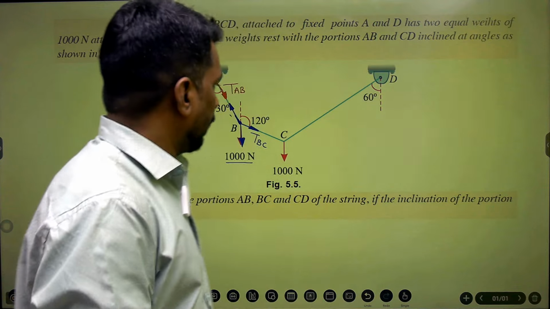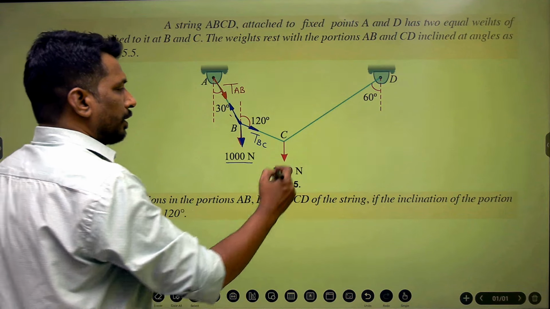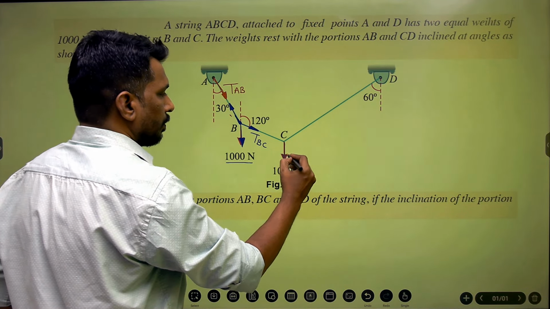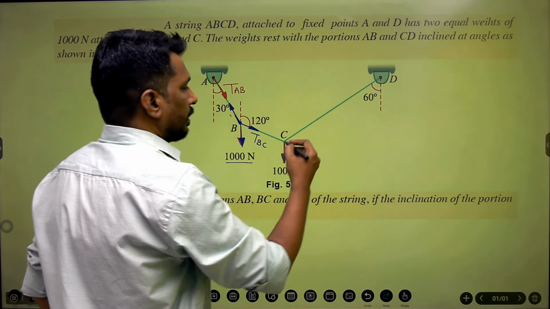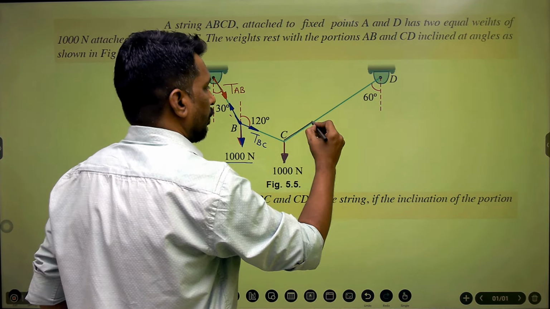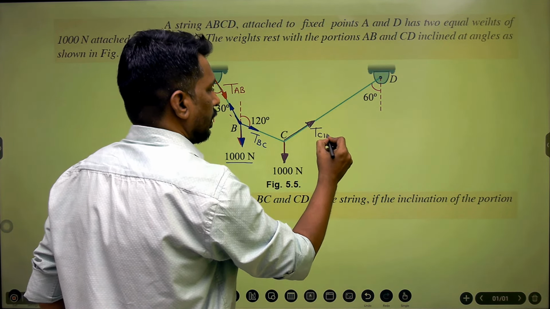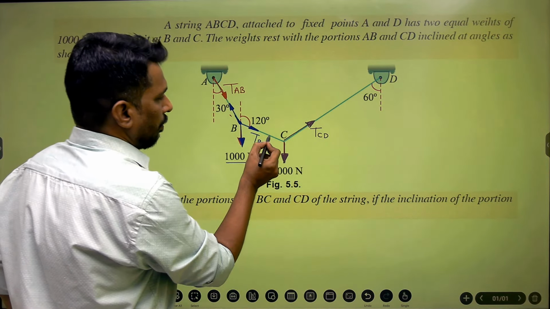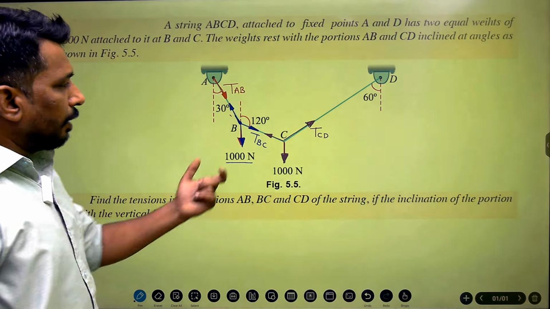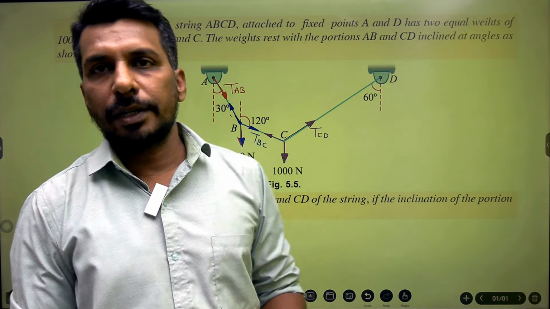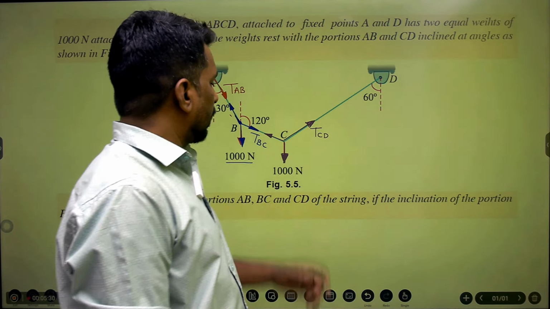Now I'll proceed to point C. At point C, again a 1000 Newton force is acting vertically downward. Then the cable segment CD is connected at point C, so the tensile force is away from point C. This is TCD, and of course this is TBC, getting away from point C. So again at point C, all conditions required to apply Lami's theorem are satisfied, so you can consider point C for further calculation.